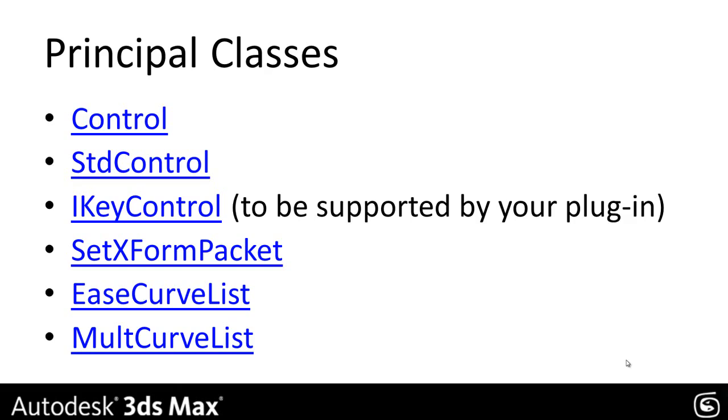Okay, so a 3ds Max user may apply multiple ease curves to a parameter, and this class holds a list of the ease curves and allows developers to access the data. So you'll be able to directly access what these ease curves are.